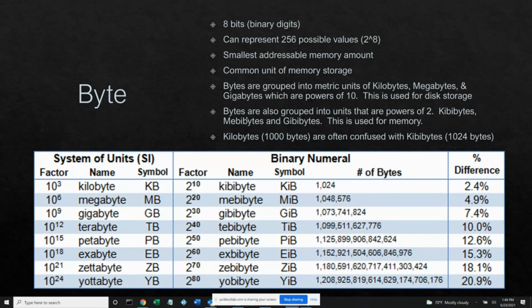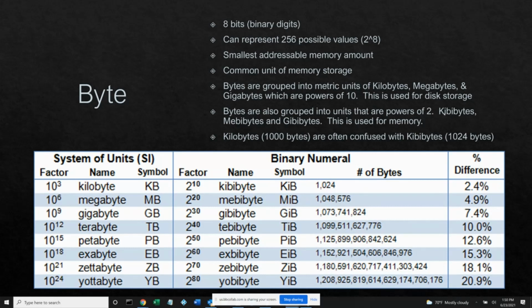Bytes can also be grouped into powers of 2, which of course makes sense internally with the computer, because everything internally in the computer is represented by a bit. The connections on the motherboard and in memory each represent a bit. So we're kind of forced to do things in powers of 2.